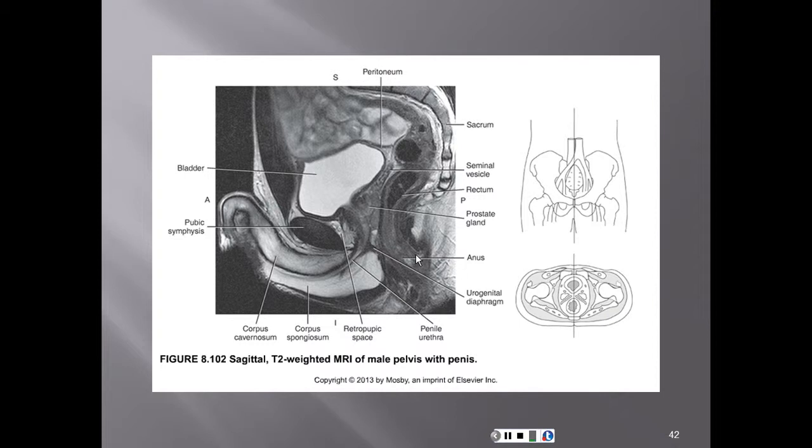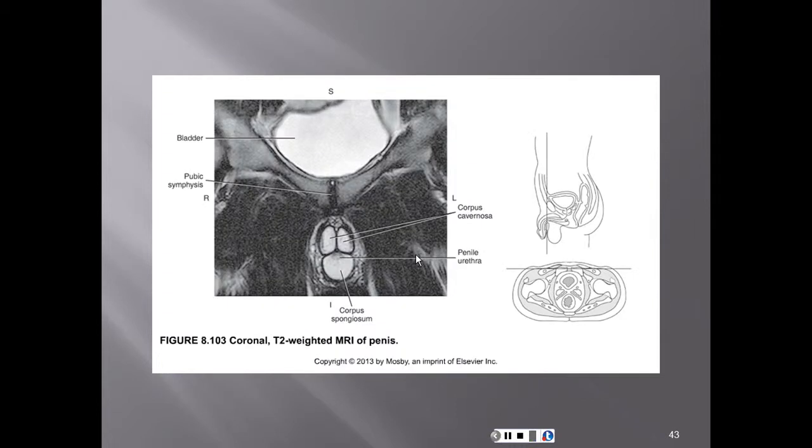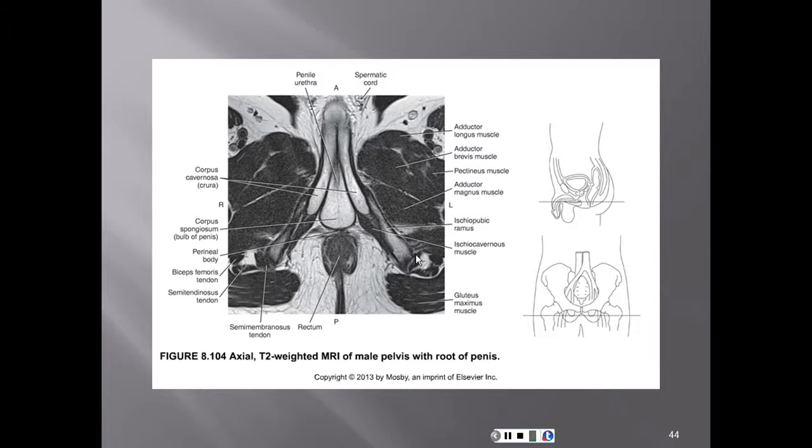Again, be familiar with the anatomy on this slide 8-102. I'm just backtracking because I am not sure where I left off. Be familiar with the anatomy on this slide. This is, again, page 548, and this is page 549. We want to understand the gluteus maximus muscles that lay posterior, and the anus, of course.